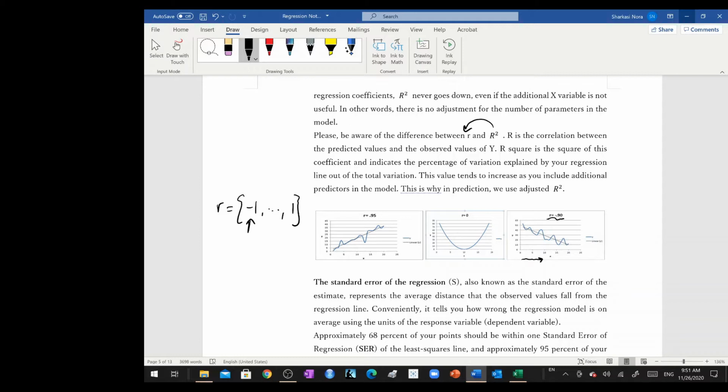This means that as the independent variable increases by 1 unit along the x-axis, the value of the y decreases.